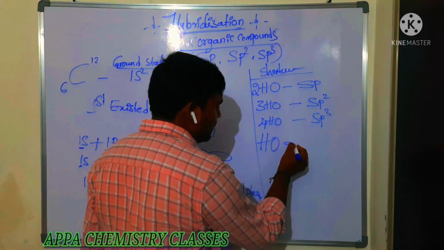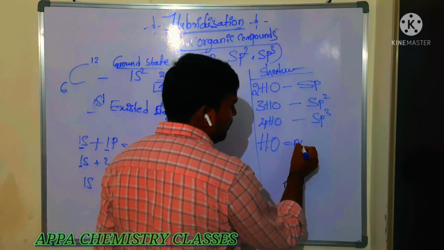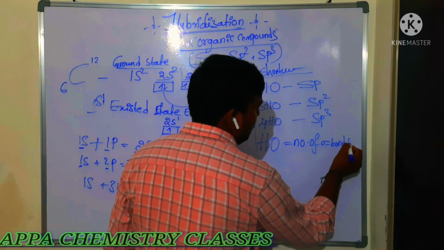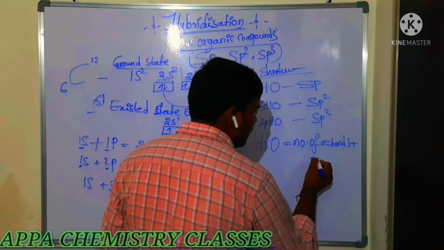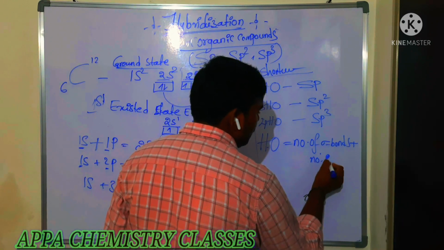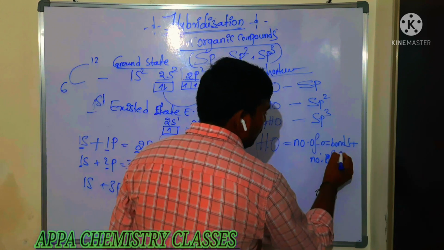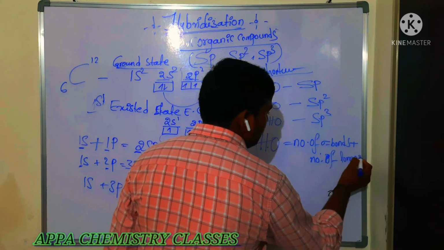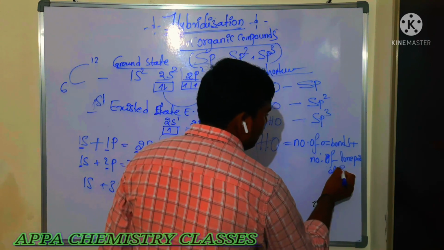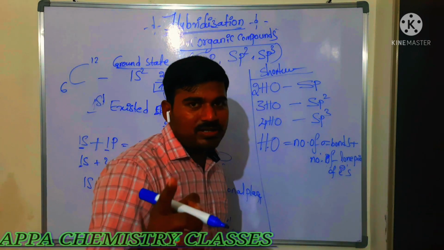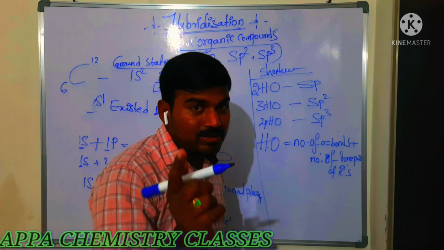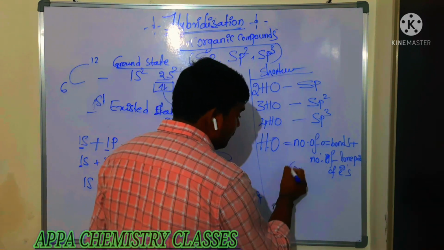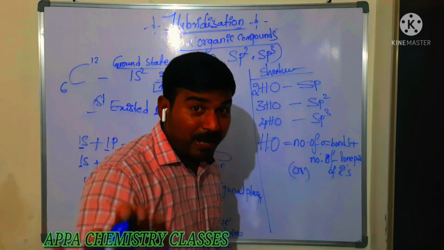Very important: hybrid orbitals is equal to number of sigma bonds plus number of lone pairs of electrons. Lone pair means one pair of electrons, that is 2 electrons, and we have to consider one pair. Another form is also there, based on the number of pi bonds.